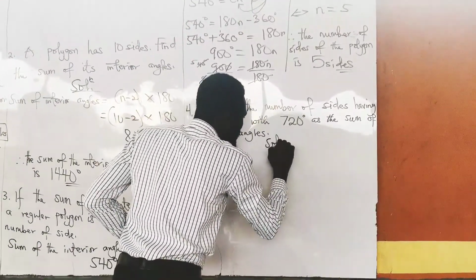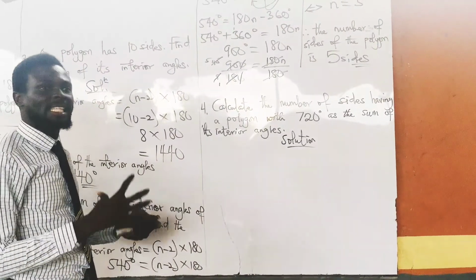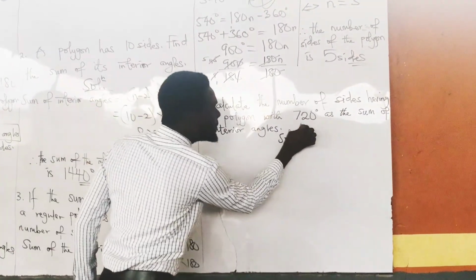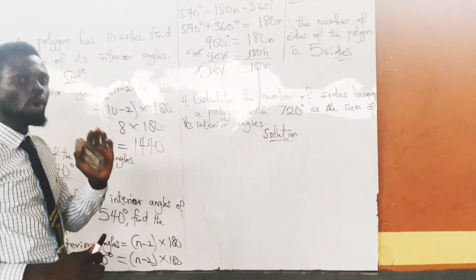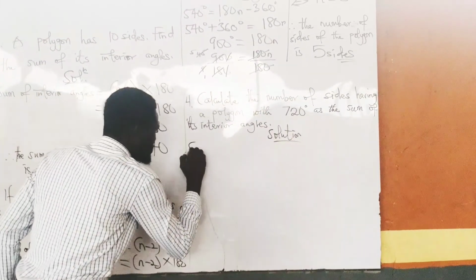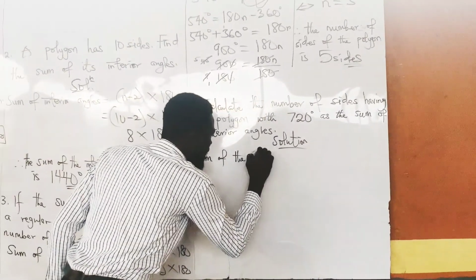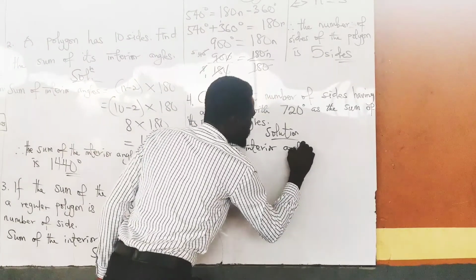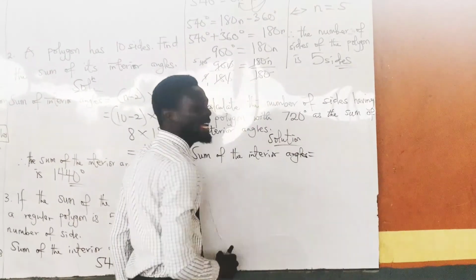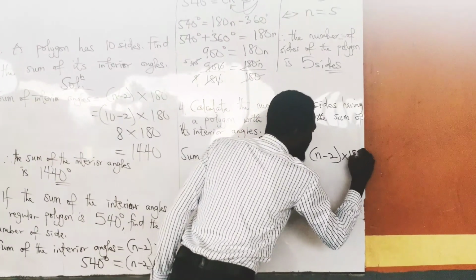I am to calculate the number of sides, but the question has given me the sum of the interior angles. And I know well that the sum of interior angles is equal to n minus 2 multiplied by 180.